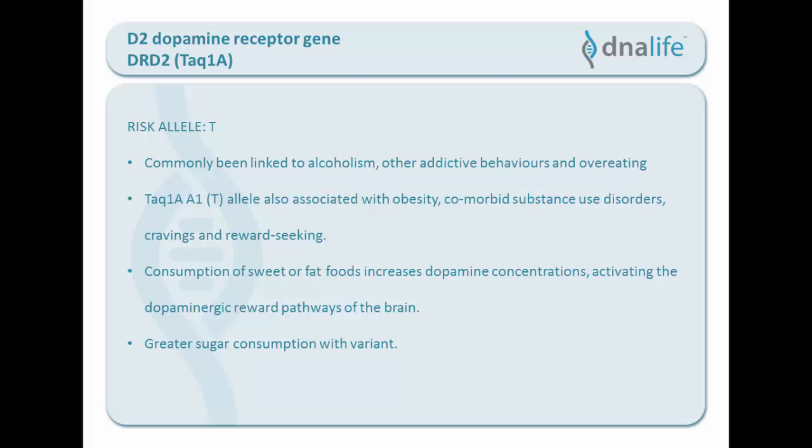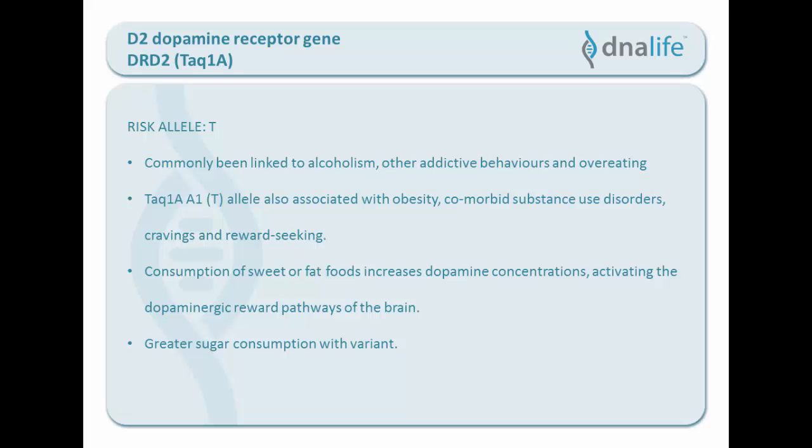And in individuals who carry the T allele, there has been a greater consumption of sweet foods found. And thus with this T allele, these individuals, so the TC and the TT individuals, tend to have higher consumption of sweet foods and fatty foods, and also are associated with having an increased BMI.